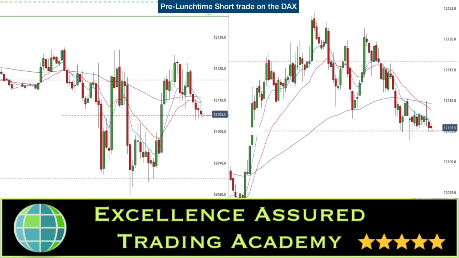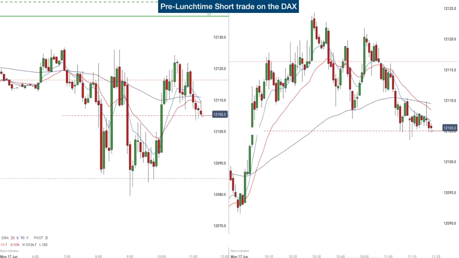So here we are. I've gone short on the Dax, and on the left hand side we've got the 5-minute chart, and on the right hand side we've got the 1-minute chart.